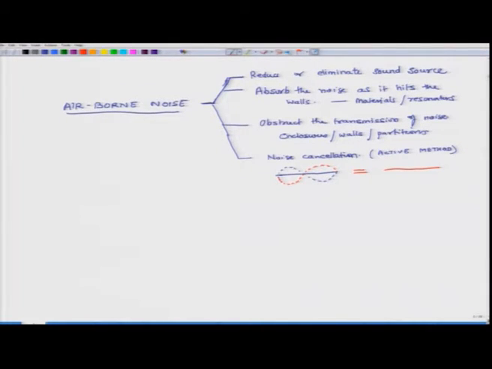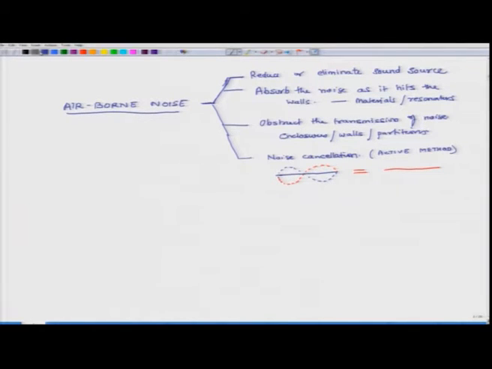These two signals cancel each other out, so no noise will be heard at the point of interest. But this requires a lot of electronics and control algorithms, which is why we call it an active method, while all other methods are passive. So, these are broadly speaking the 4 different approaches to reduce airborne noise.